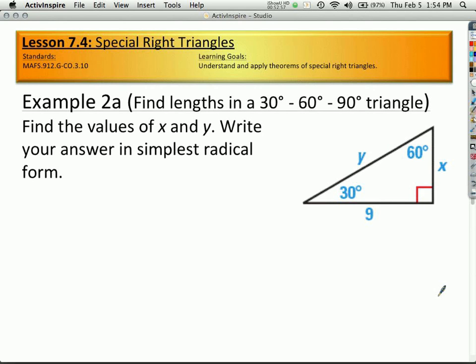The 30, 60, 90 triangle theorem says that if you have a right triangle in which the other two angles are 30 and 60 degrees, the short leg will be x, the long leg will be x radical 3, and the hypotenuse will be 2x.